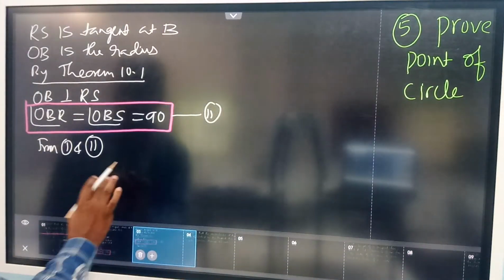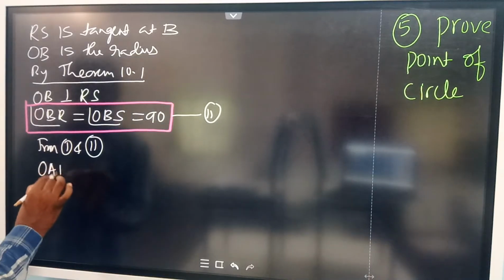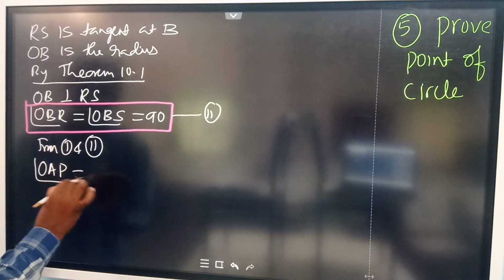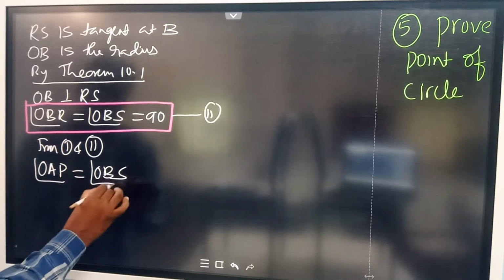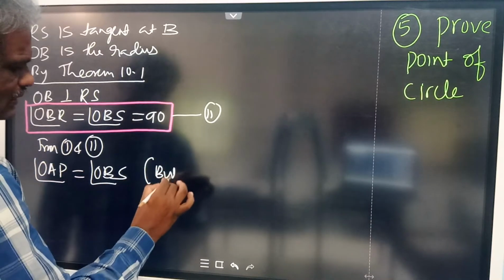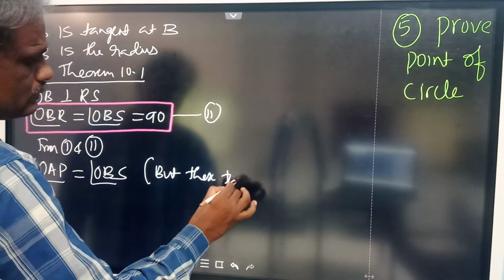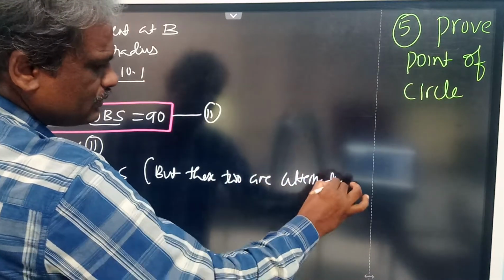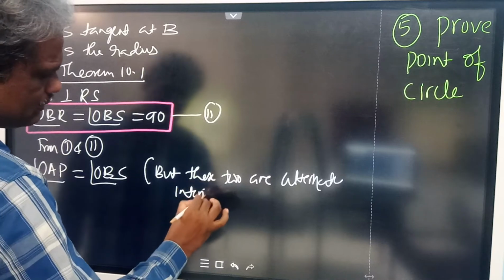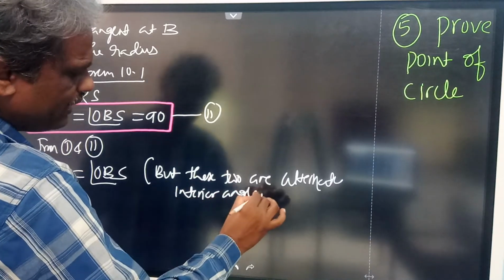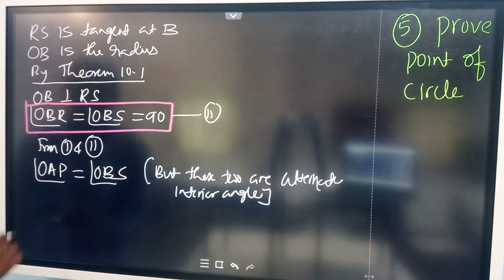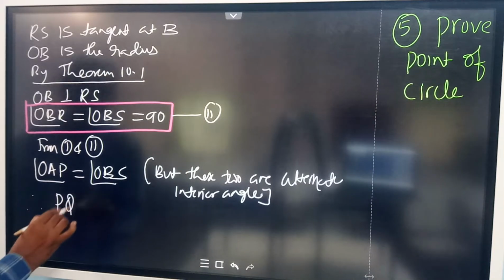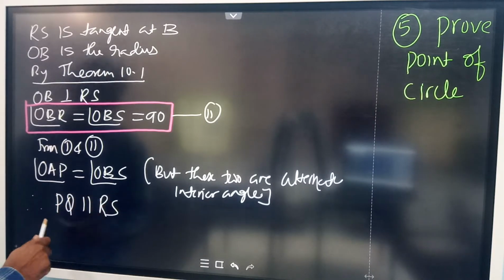But these two are alternate interior angles. As AB is the diameter, they are alternate interior angles. Therefore, PQ must be parallel to RS.